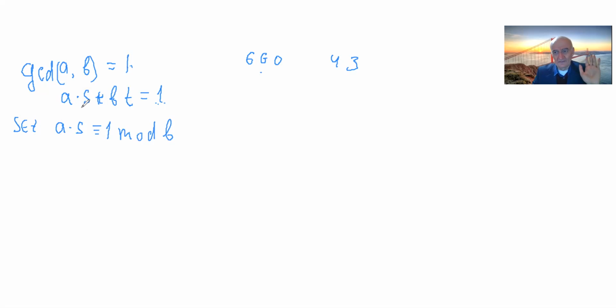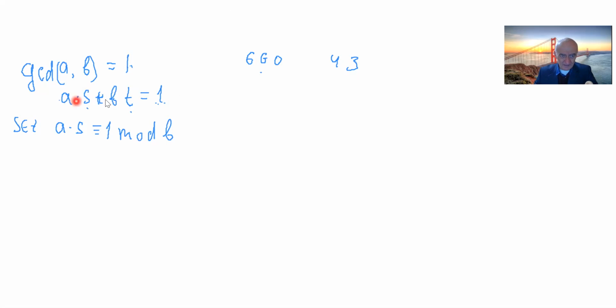We agreed that if A and B are relatively prime numbers, we can represent 1 as a linear combination. It means that there exist integers S and T such that this equality is true.